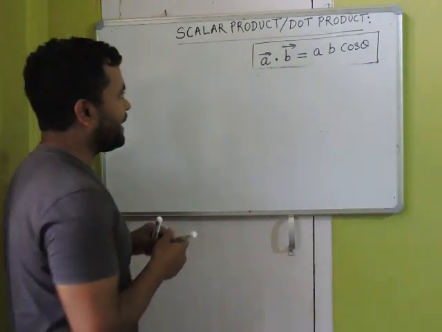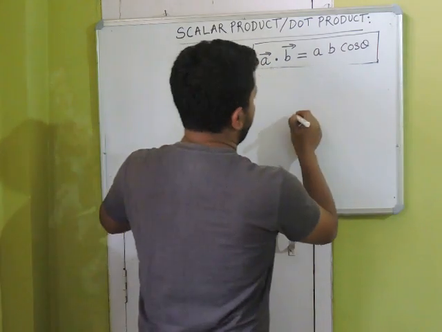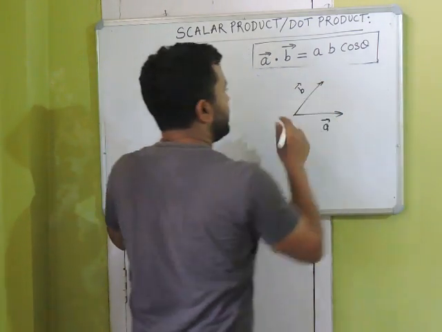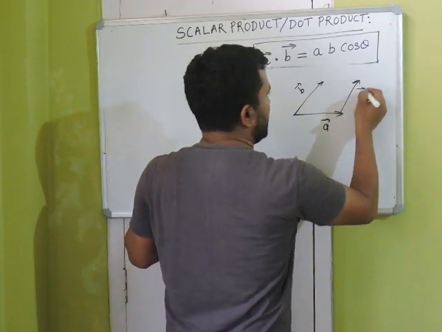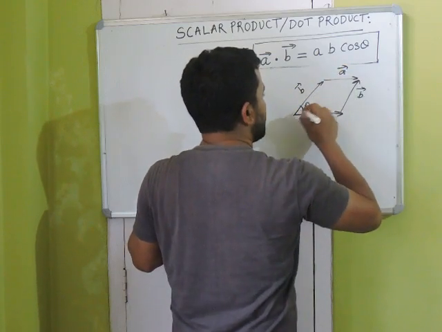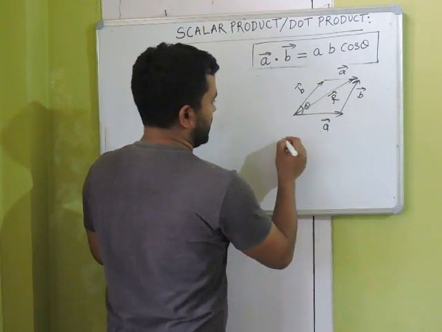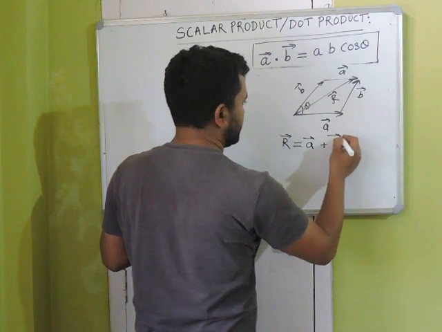If I have a vector a and b, if you remember from triangle law or parallelogram law, this is b, this is a, and if the angle is theta, and this is our r, right? So r is equal to a plus b.